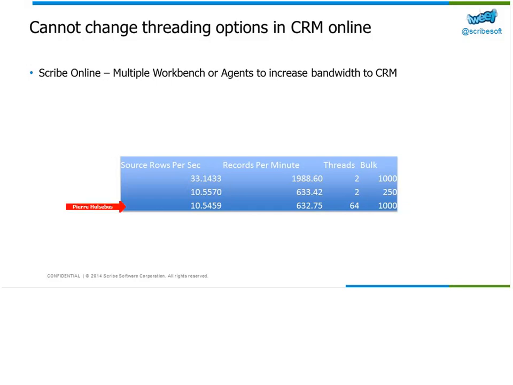If I turn the thread count down to two threads and use the bulk setting at 250, I was able to get 1,900. So I tripled the rows that I could process just by turning down my thread count.